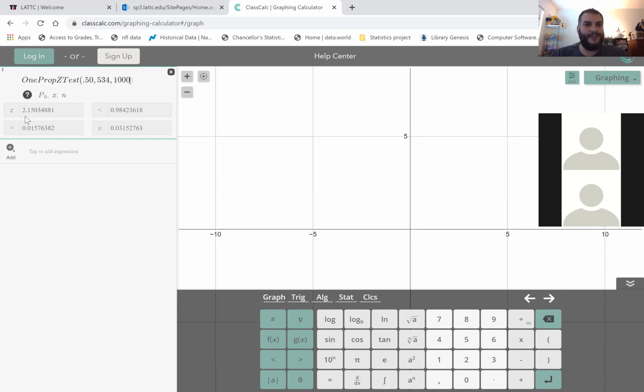All right, so let's look at the Z value. Is the Z value close to 0 or is it pretty far away from 0? So you're saying 2?